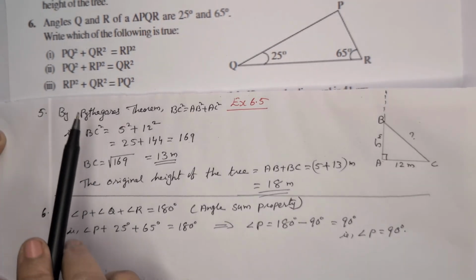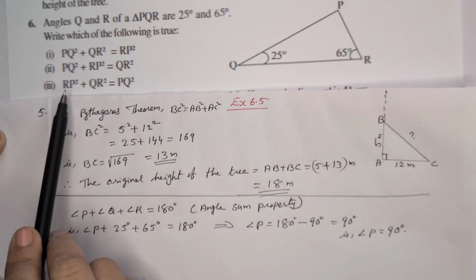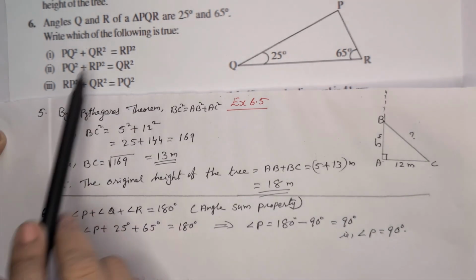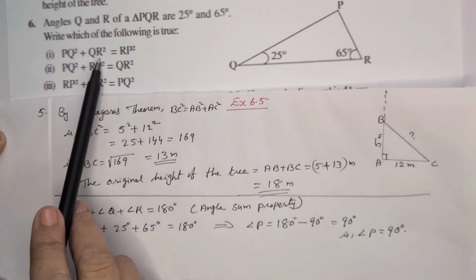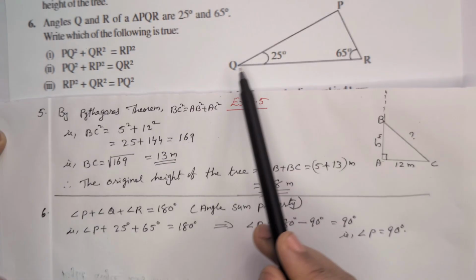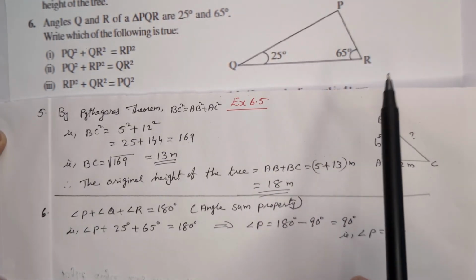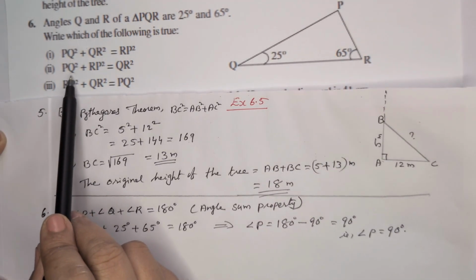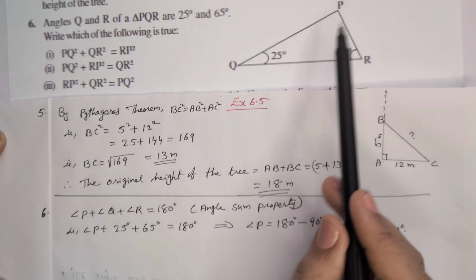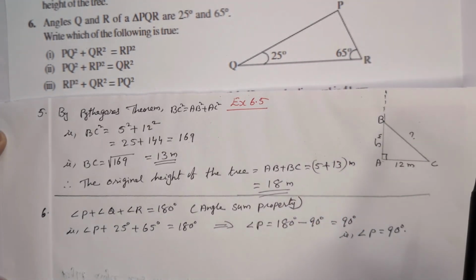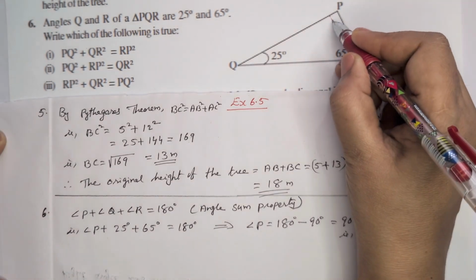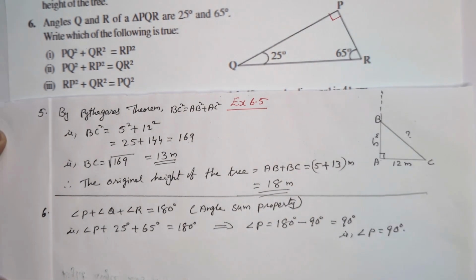Now in that figure, which of these is correct, true? So PQ square plus QR square is equal to RP square. That is not correct. Then second one, PQ square plus PR square, RP square is equal to QR square. This angle is 90 degree now.